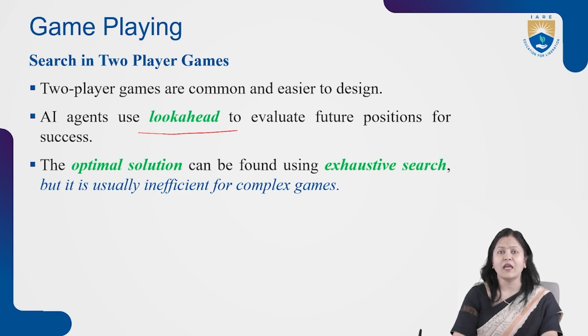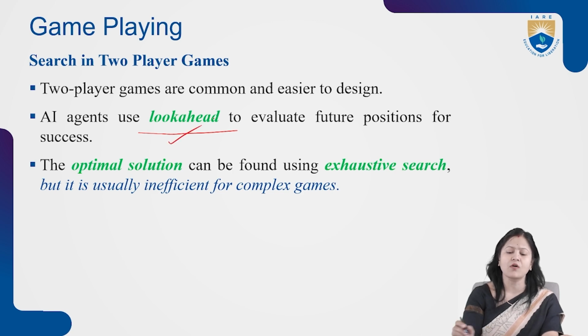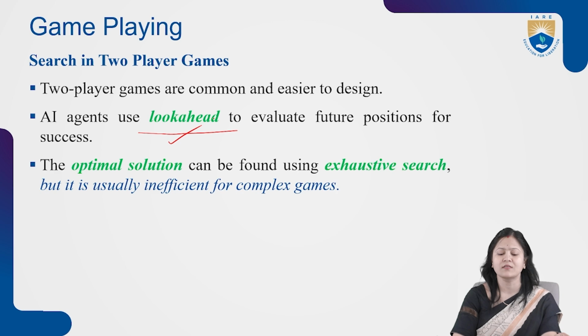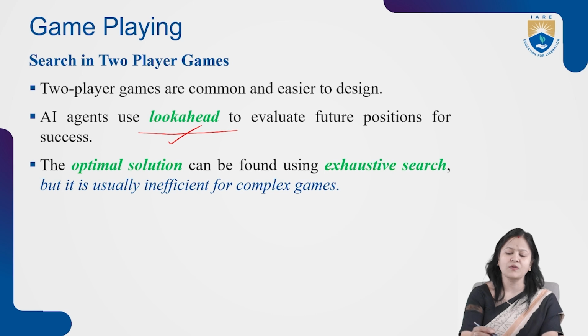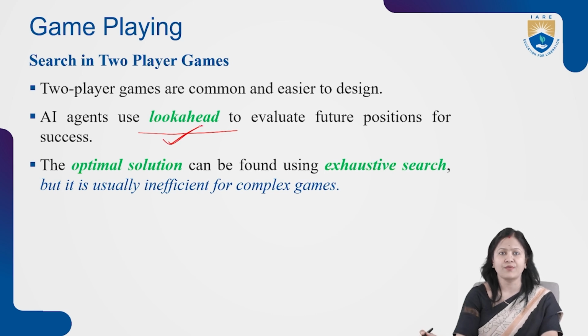So in every game playing in artificial intelligence, the agent uses a strategy called look ahead, using which it can find the best possible future positions before taking any decision. That is why it is called the look ahead strategy.